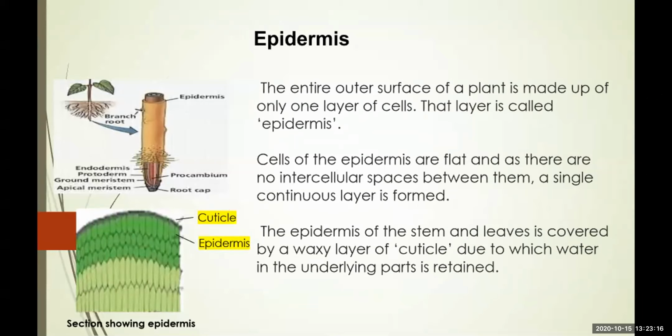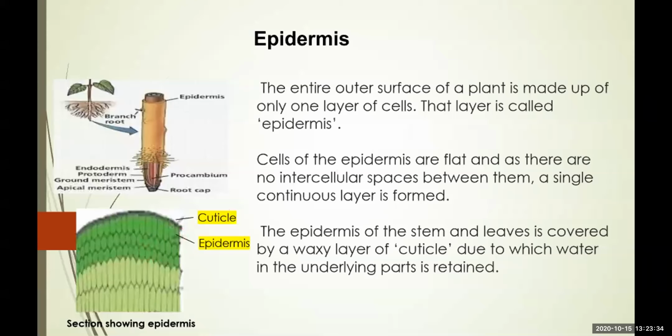The outermost layer is called epidermis. When we take this section, we can see it is composed of only one type of polygonal cells that are compactly arranged. There are no intercellular spaces.